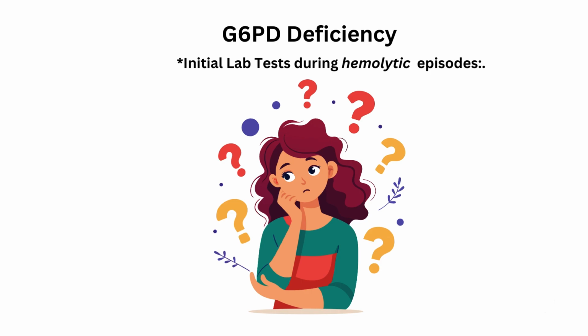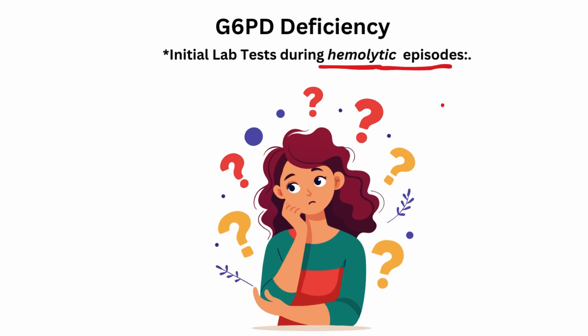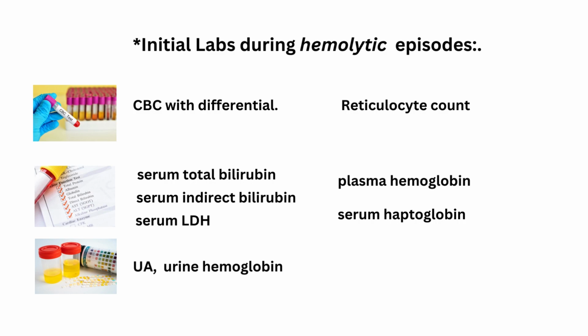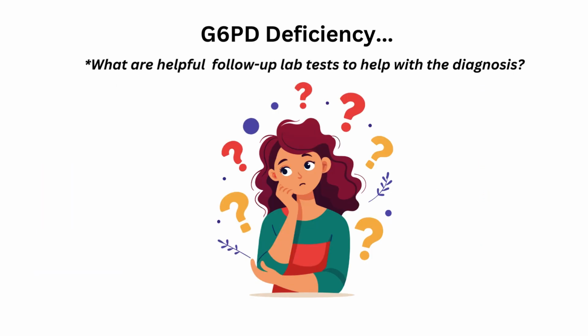Can you predict what initial lab work will help the clinician diagnose a general hemolytic episode? What lab work will be more specific for G6PD deficiency diagnosis?